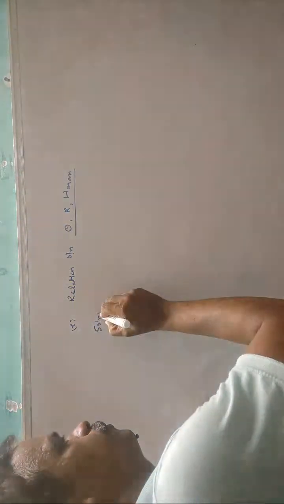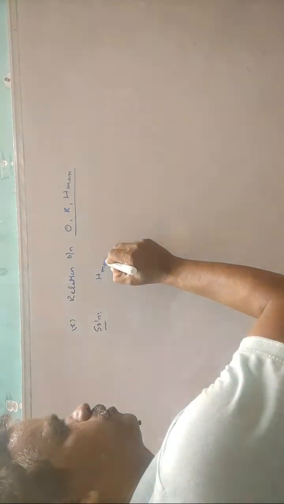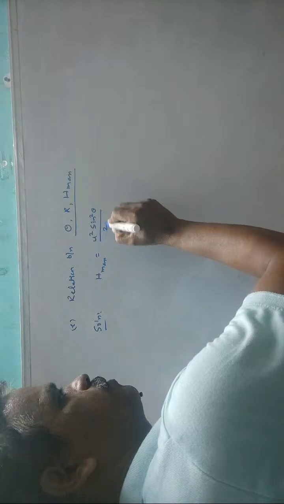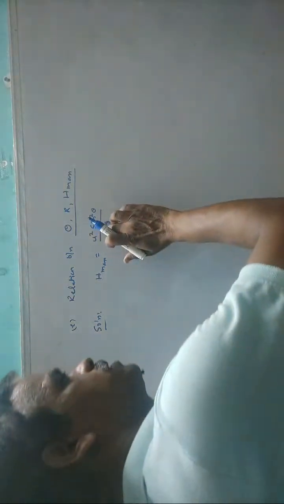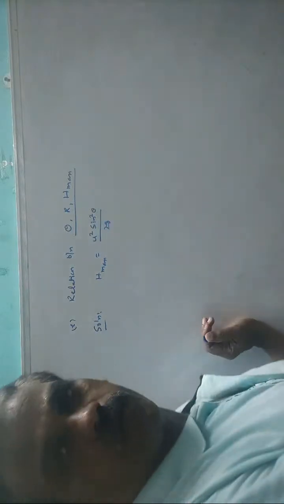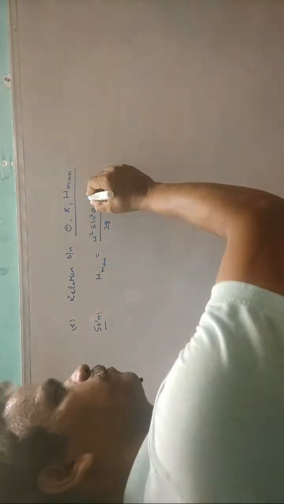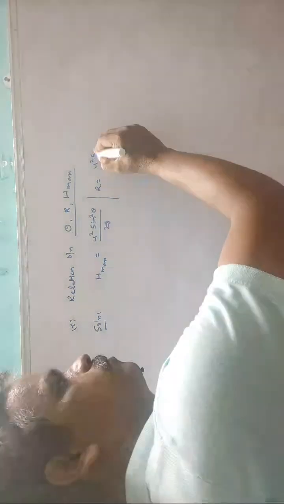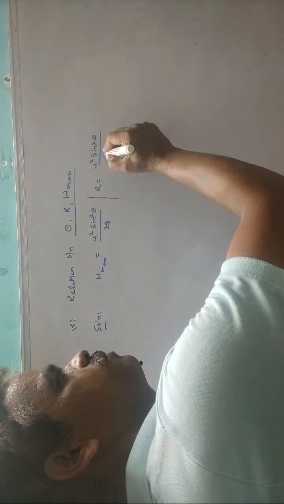So already we have for this one, h max equal to u square sine square theta by 2g. Then what about range? u square sine 2 theta by g.